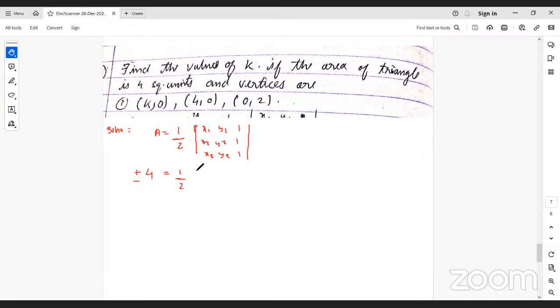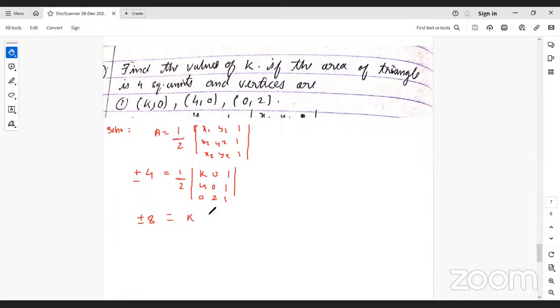So this will be equal to 1 by 2 determinant of k 0 1, similarly 4 0 1, and then 0 2 and 1. Okay, so on simplifying further, this 2 you can shift to the LHS, so it will be plus or minus 8.